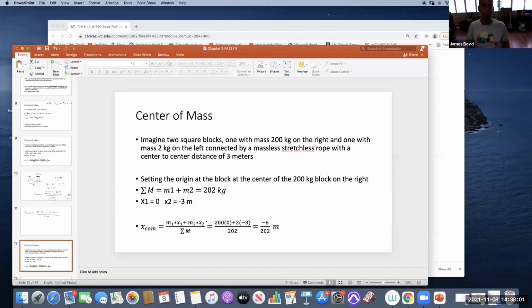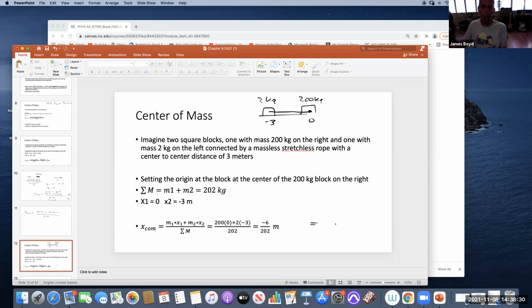So here, I did something a little bit different in this one. What if instead of putting my 0 at the center of this one, I instead put it here. So this is 0 and this is now at -3. Okay, I can do that. I can set my 0 wherever I want. When I do that, what I find is my center of mass is -6 over 202.